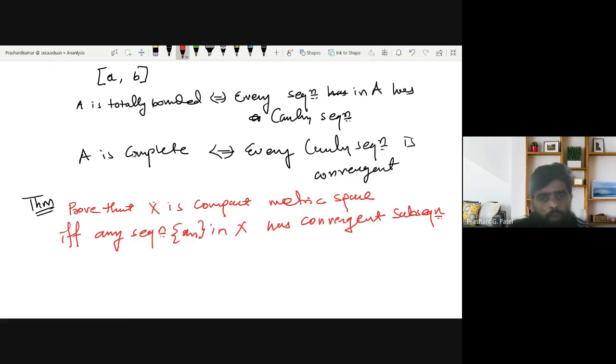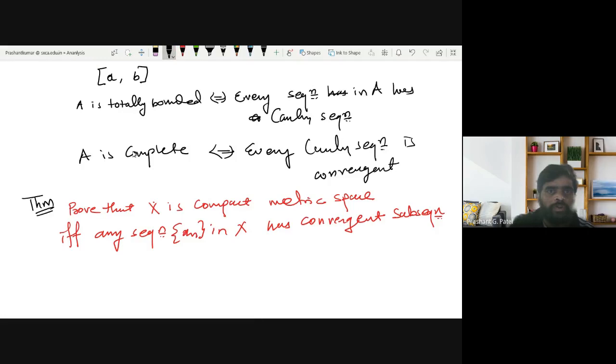In some books, for example Munkres' book, they have defined a compact metric space this way: a compact metric space means that every sequence in X has a convergent subsequence, and from this one can prove that X is totally bounded and complete.